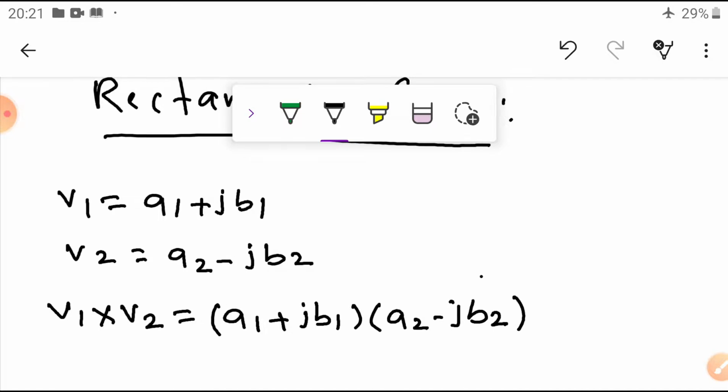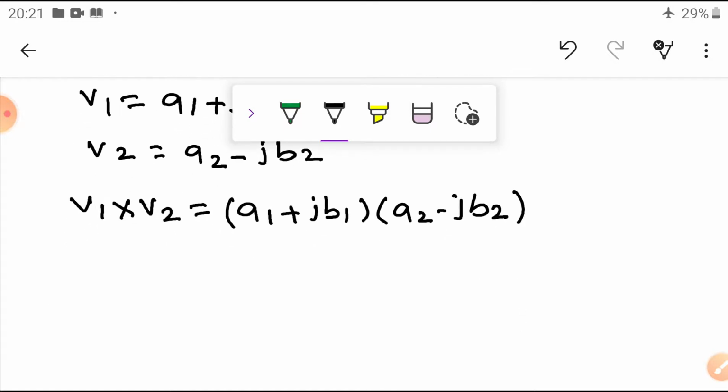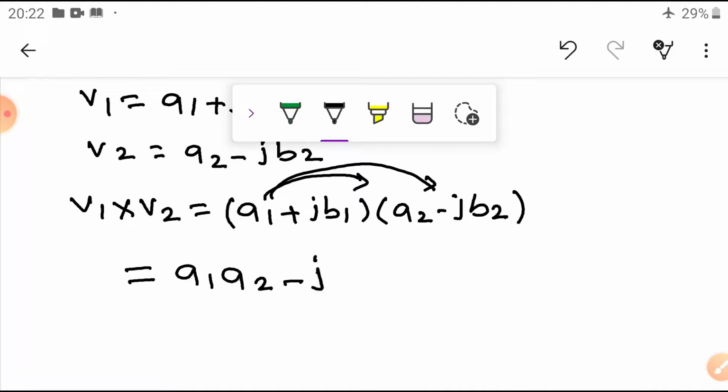Okay. Now, simply multiply this value to this one and this one. Write here A1 into A2. Then minus j A1 into B2. This is over.